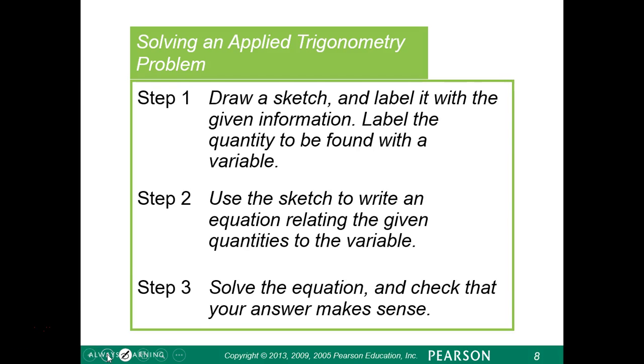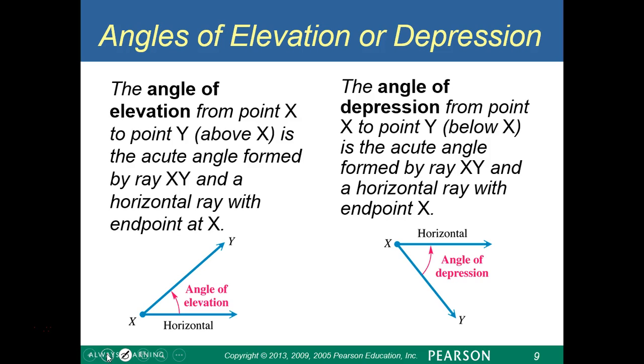All right, so let's look at an application problem. Here is what we're going to be applying in our application problem right here. These are about angles of elevation or depression. The angle of elevation from point X to point Y above X is an acute angle formed by ray XY.